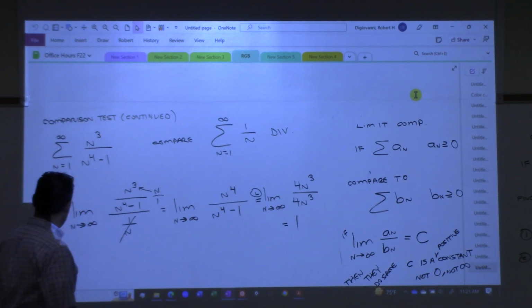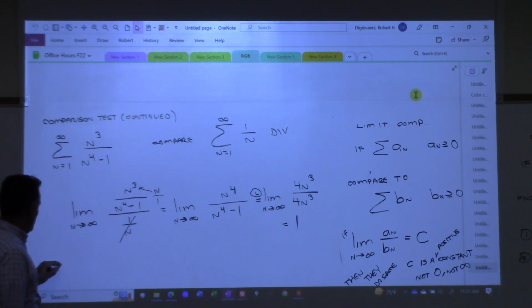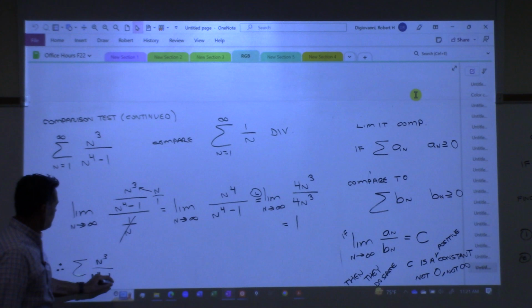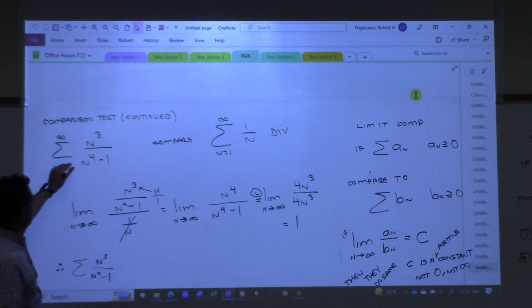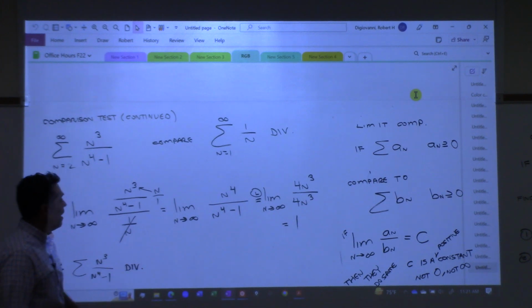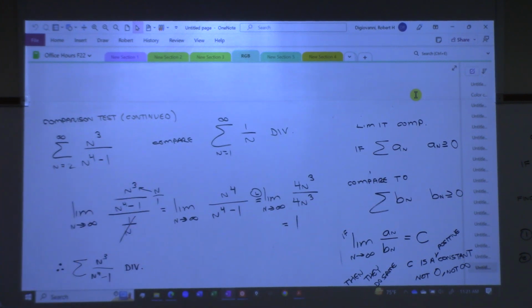You like it? Love it? Okay, therefore, the original series converges. This was a 2 again. Sorry, I put a 1 there again. This one diverges. Yeah, that was divergent. This one's divergent as well. Okay?